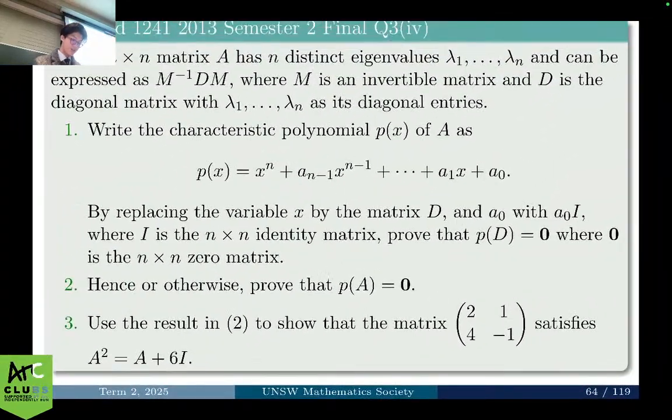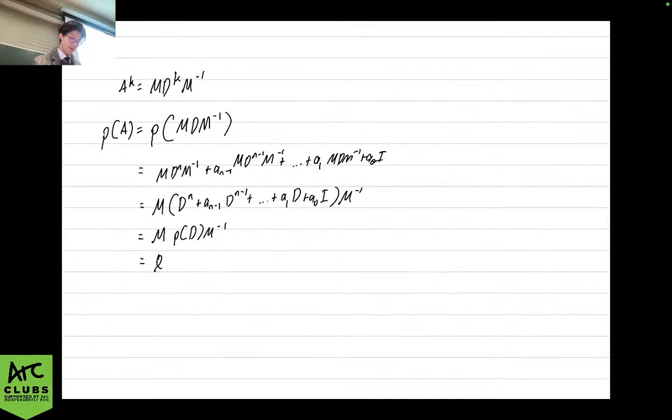Last part. Using the result in 2, show that the matrix 2, 1, 4, negative 1 satisfies A squared equals A plus 6I. With that, let A equal 2, 4, 1, negative 1.